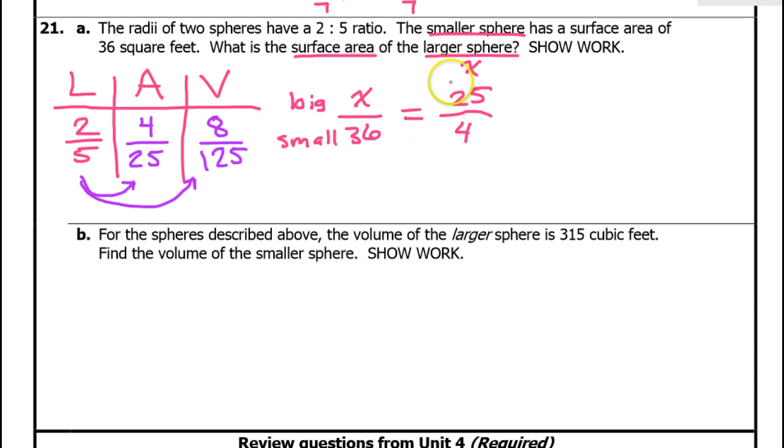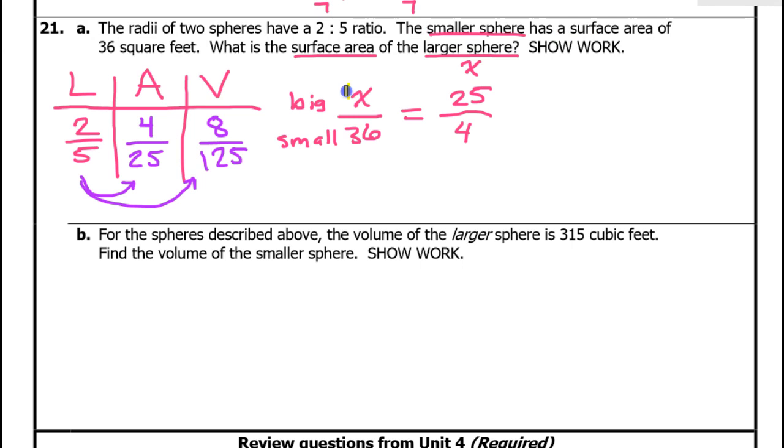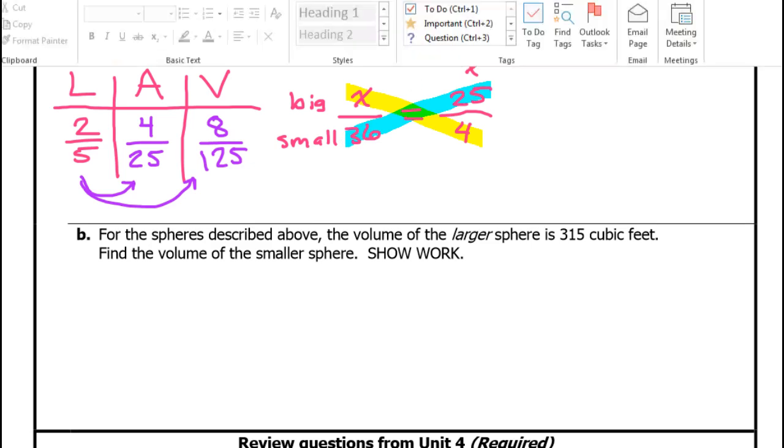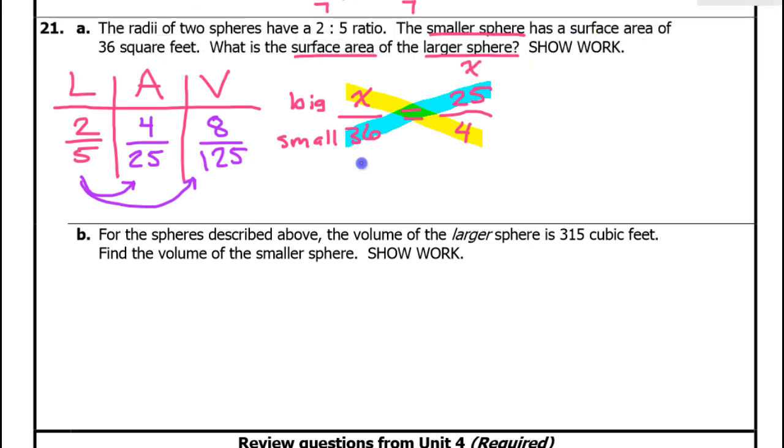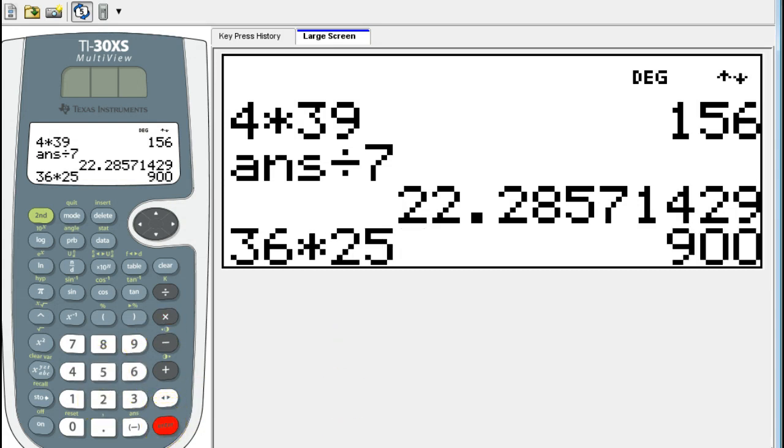So now we will cross multiply to solve for x. So we will multiply the yellow diagonal, and we will multiply the blue diagonal, and we will set those equal to each other. So that will give us 4x equals, and then 36 times 25, 900.